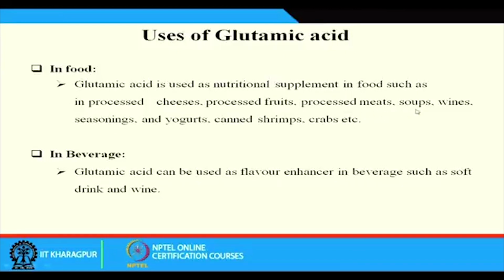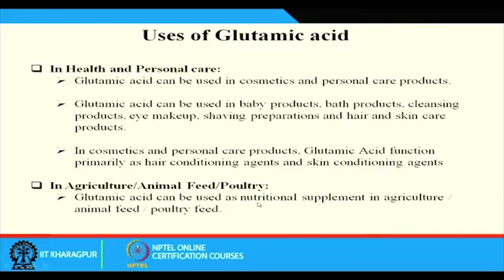They use this processed food. And soups, then we have wine, seasoning, yogurt, canned syrup and crab. These are the different foods where we use glutamic acid as a nutritional supplement, and it also gives some kind of flavor to it. Then in beverages, glutamic acid is used as a flavor enhancer in beverages such as soft drinks and wine.